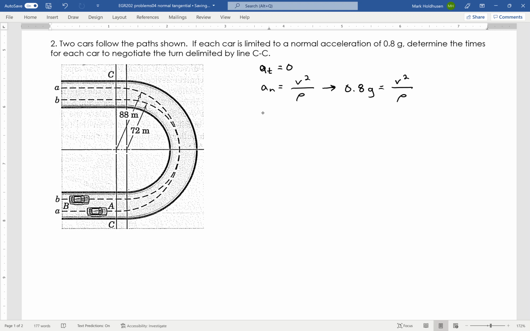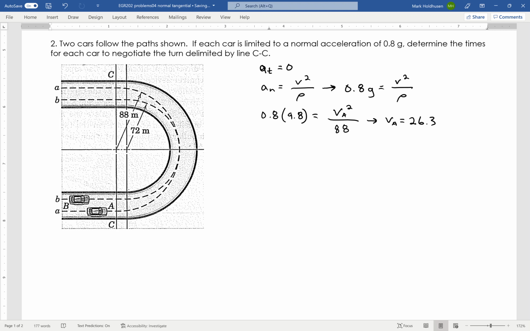So for A, that velocity squared is 0.8 times 9.8 times the radius, and again, this one travels around an 88 meter radius curve. So the velocity of car A is 26.3.